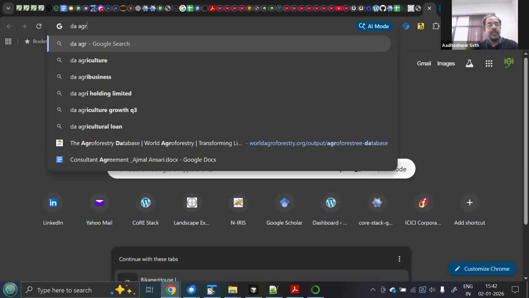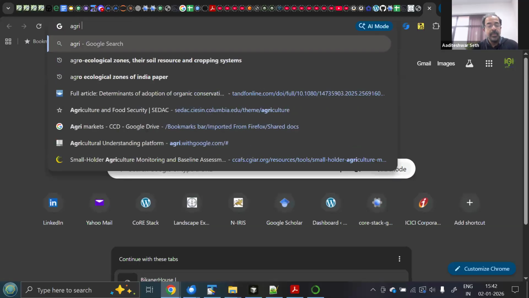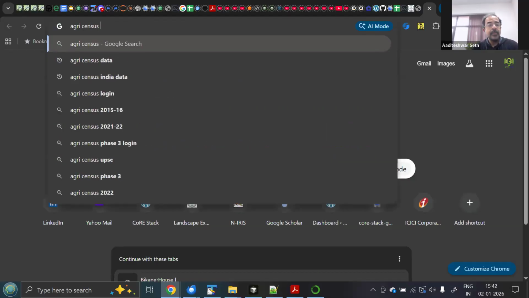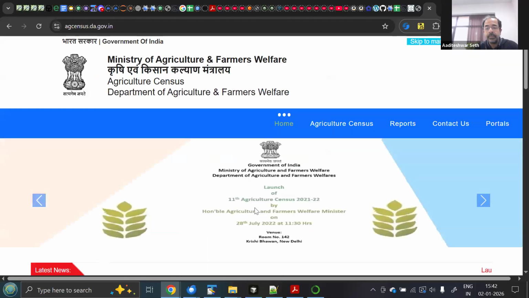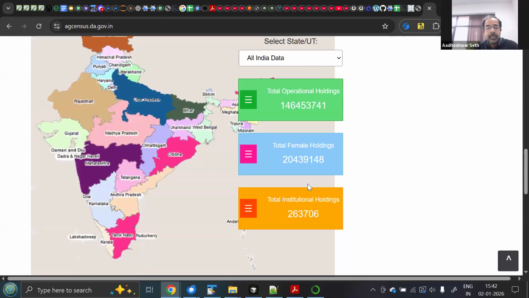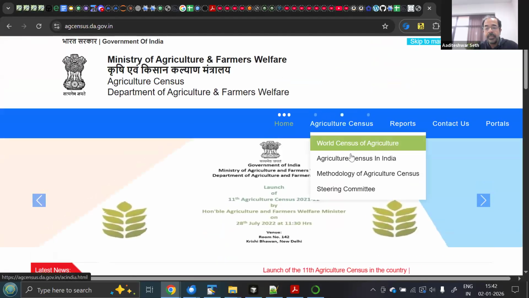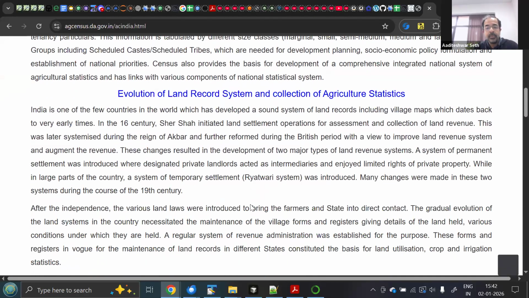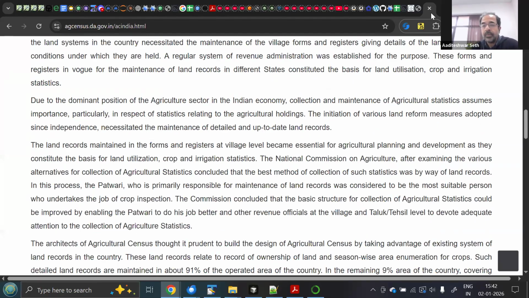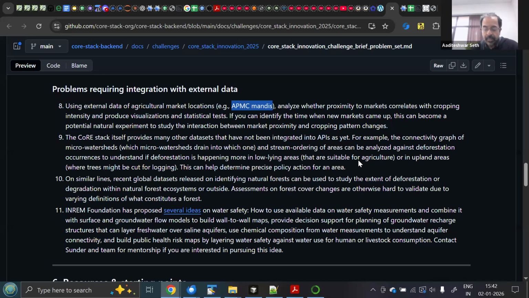I may not exactly find it so quickly, but there is an agri-census website, and if you browse somewhere on it, I won't get it right away, but basically there is a drop down.